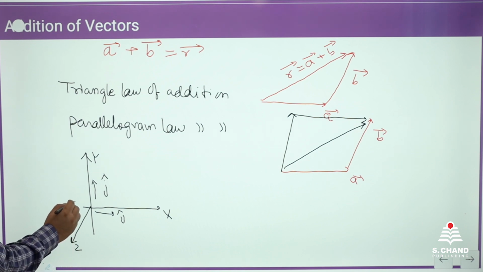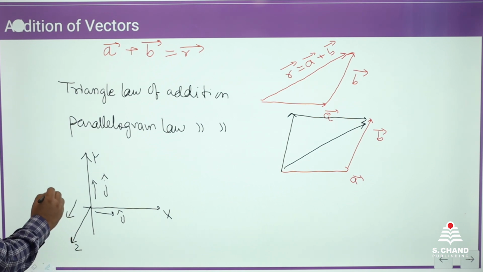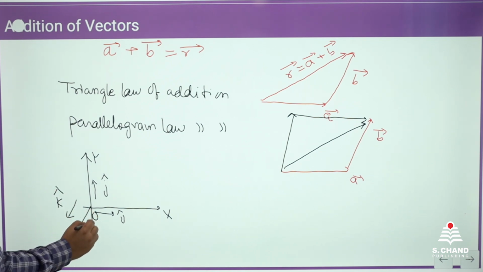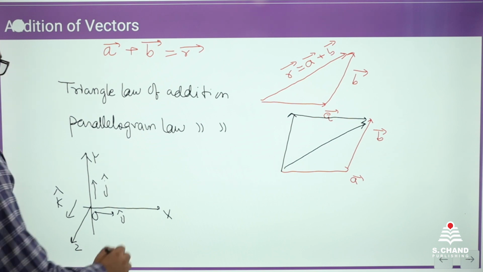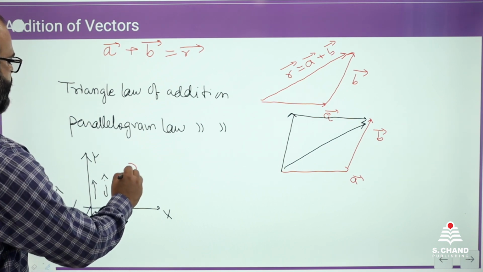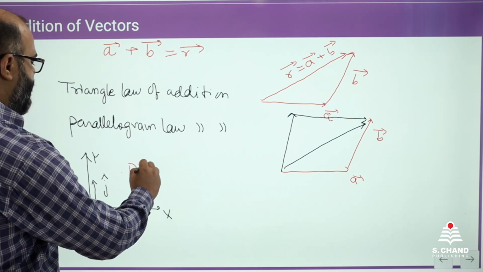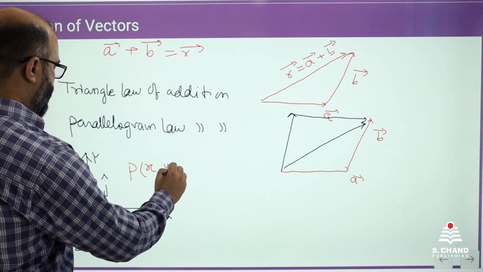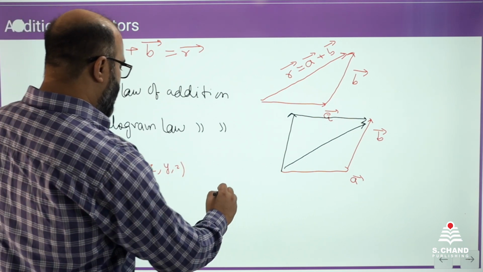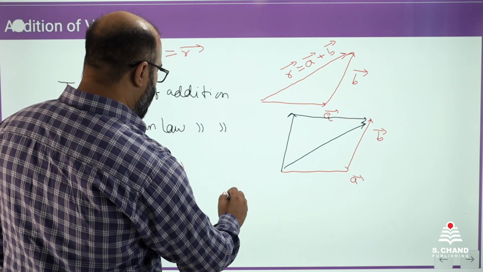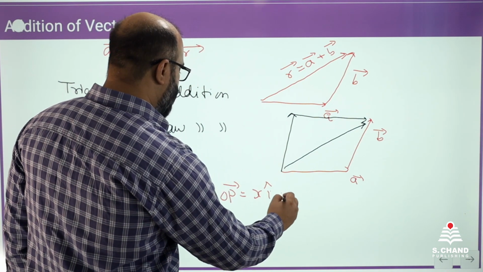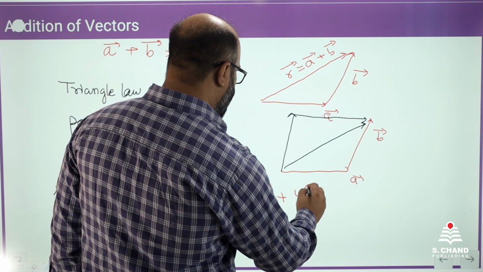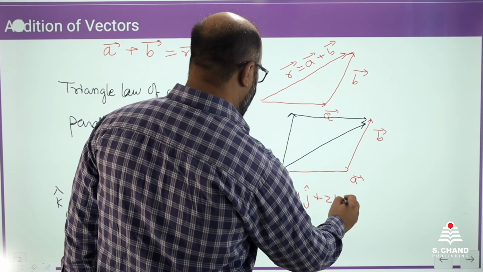In this direction there is a unit vector k cap, and here there is an origin. So we write any point in the space as x comma y comma z in terms of these unit vectors as OP vector is equal to x i cap plus y j cap plus z k cap.